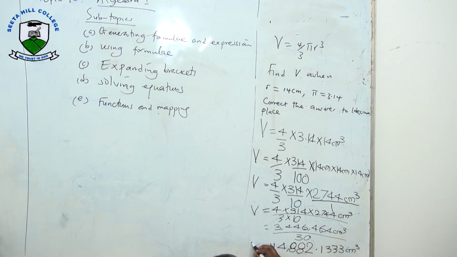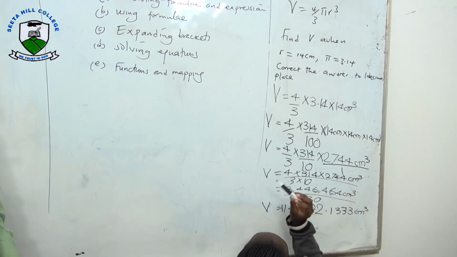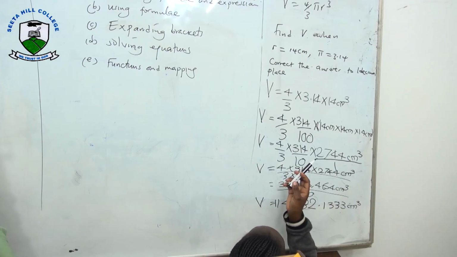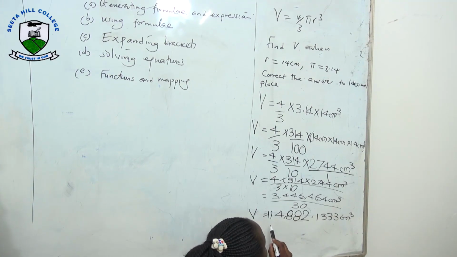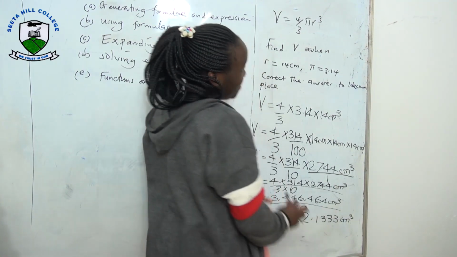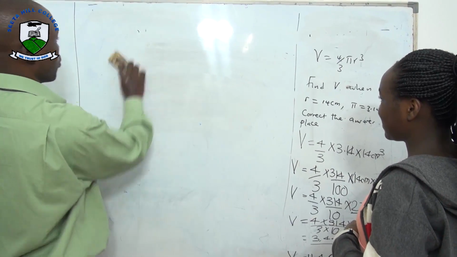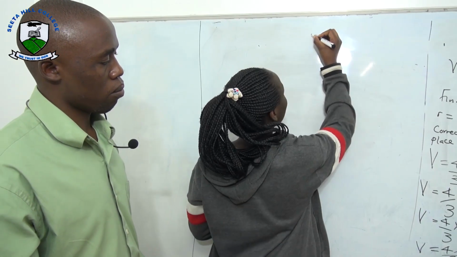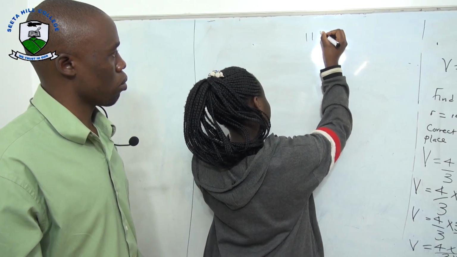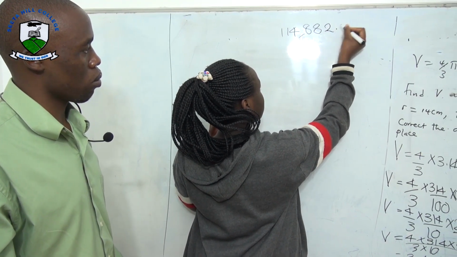And they're saying correct the answer to 1 decimal place. So our volume means in cubic centimeters as it is here. So the answer corrected to 1 decimal place will be 11,488.2 cubic centimeters.